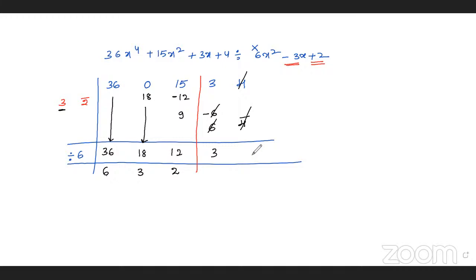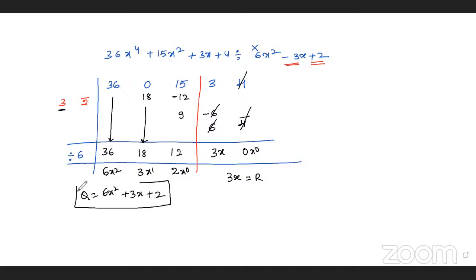So this column indicates x power 0, and this will be x. So 3x is my remainder. And this will be x power 0, x power 1 and x square. So 6x square plus 3x plus 2 is my quotient. Is it clear? Yes, sir.